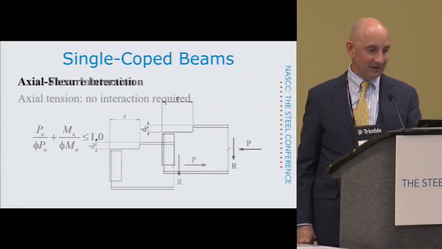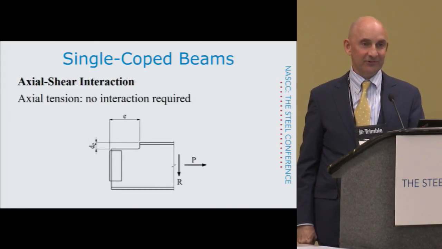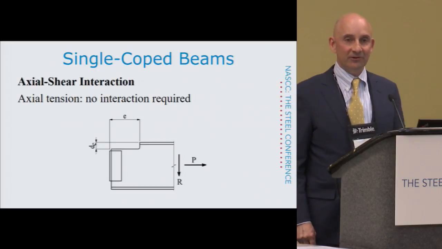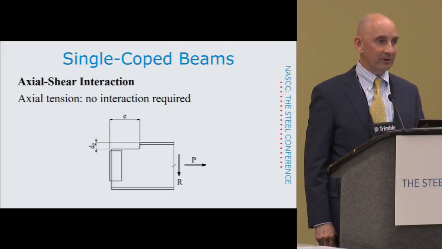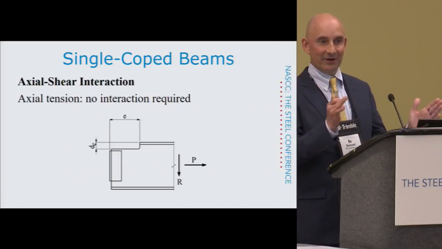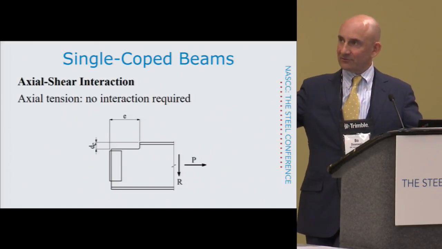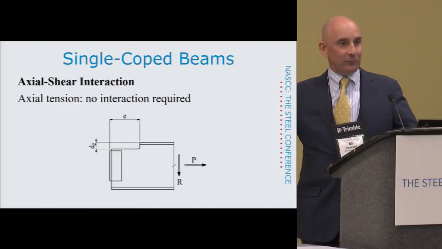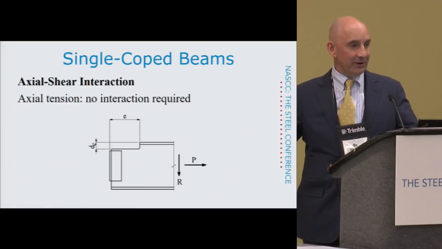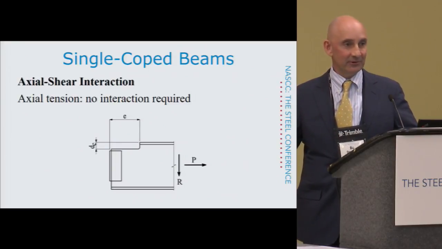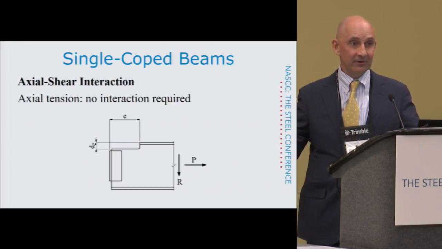On the other hand, if you have axial shear interaction, as it turns out, if you have tension only on your cope, now most of the time we're going to have reversible loads where you have tension or compression, but I wanted to separate this because if you have tension only, there's no interaction required. It kind of stabilizes the web, so it helps you a little rather than hurts.